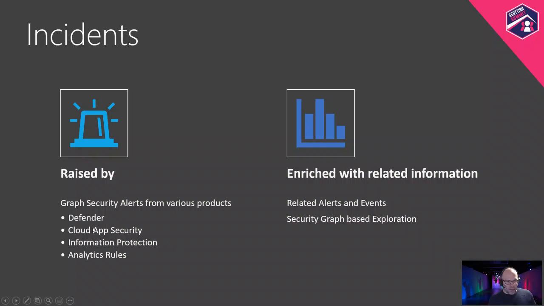This is basically the REST API part where the products talk directly to each other, or it's raised by a Log Analytics scheduled query rule. The incidents are enriched with related information, alerts, events, and security graph-based exploration.